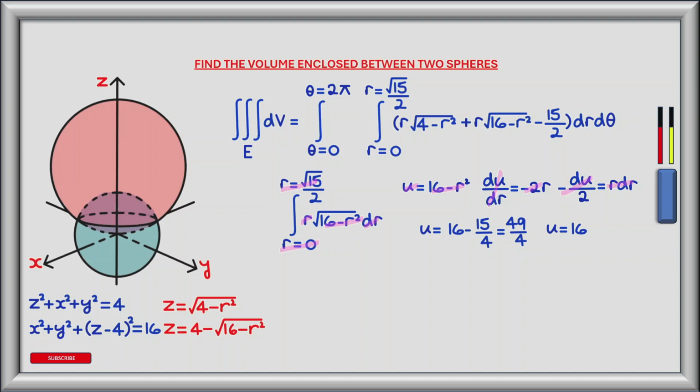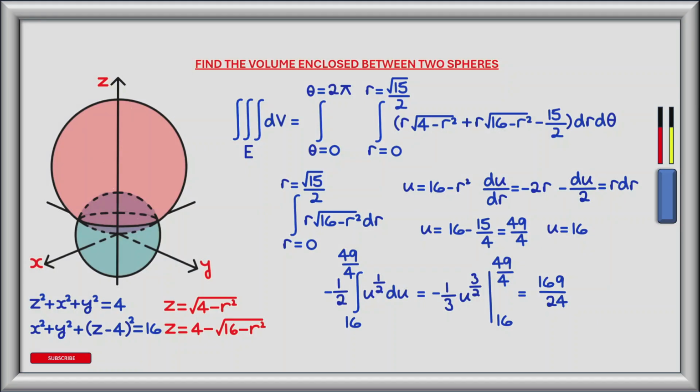And now that we've made a substitution for r, we can change the limits. So the upper limit of u is 16 minus 15 divided by 4, and this equals 49 divided by 4. And the lower limit is where u equals 16.